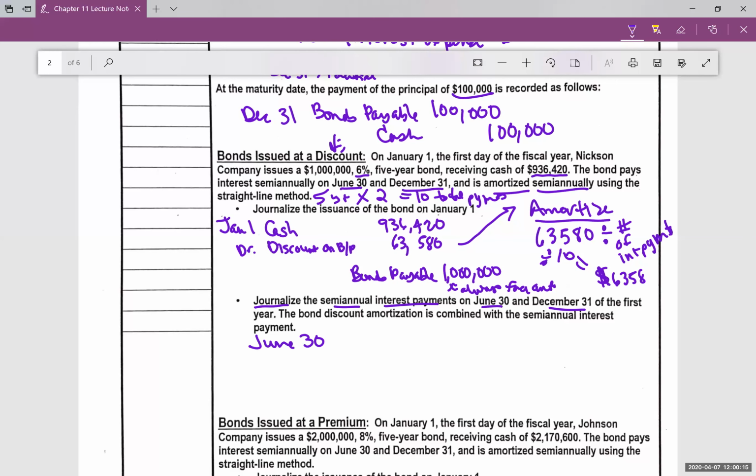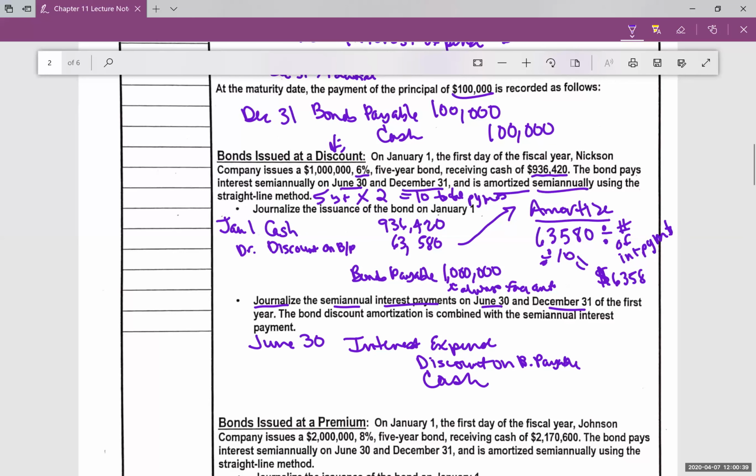So June 30th, here's our accounts. We're going to have interest expense. Then we're going to credit discount on bonds payable, and we're also going to credit cash.